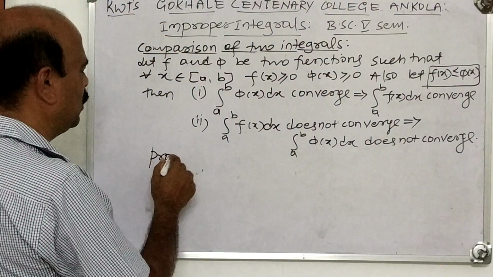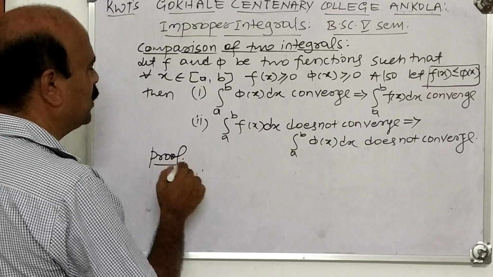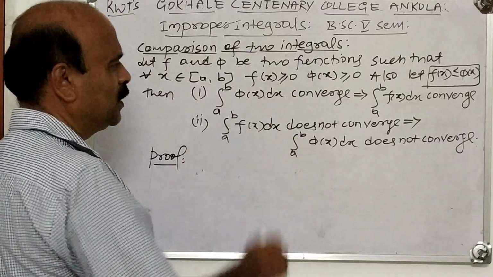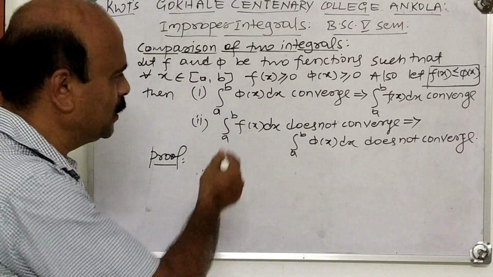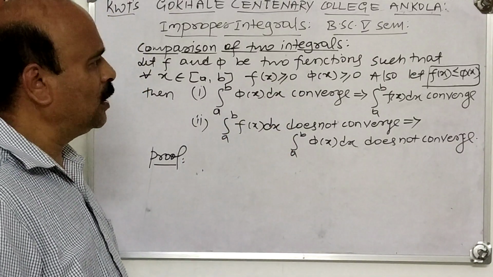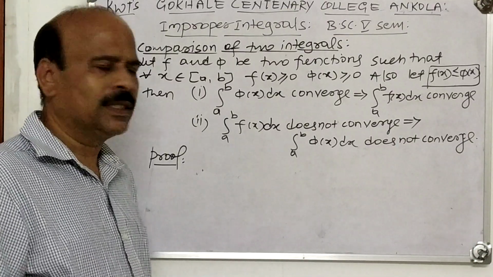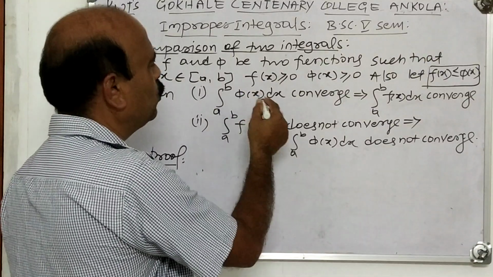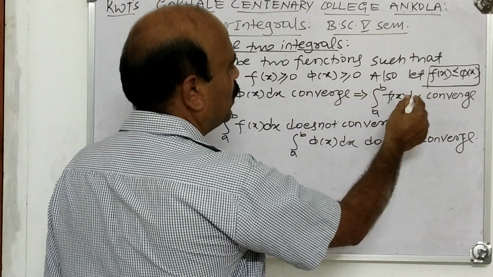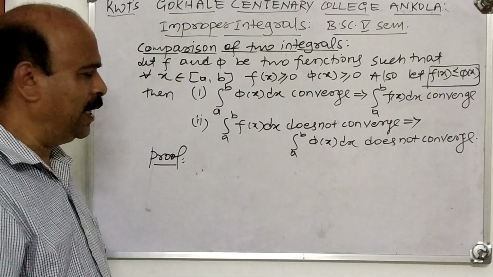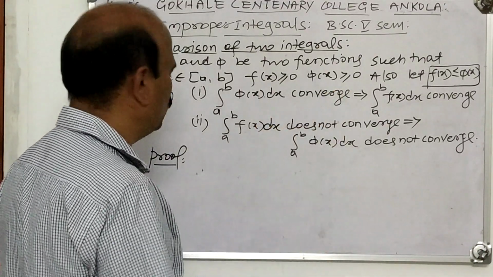Now the proof is based directly on the necessary and sufficient condition. What is that condition? The integral from a to b of f(x) dx converges implies that the integral must be bounded. Using that we can easily prove this.